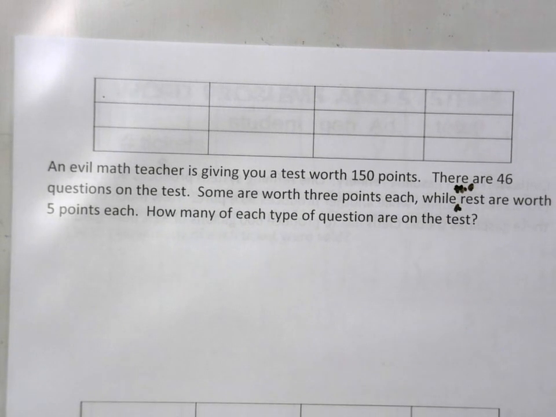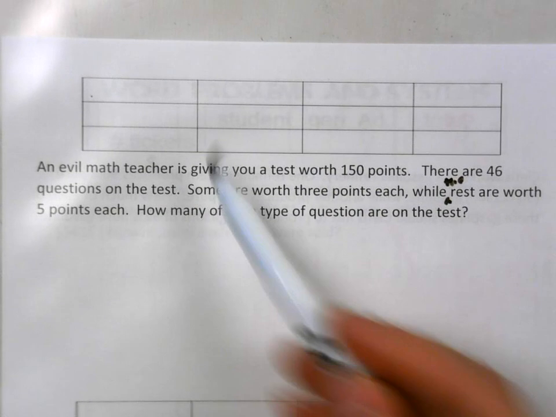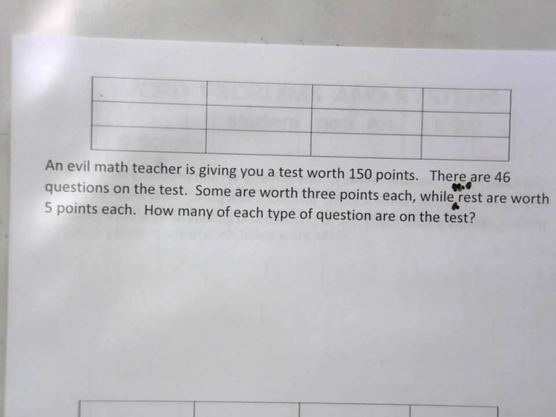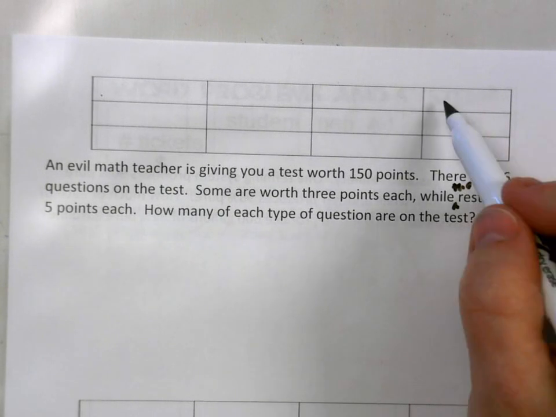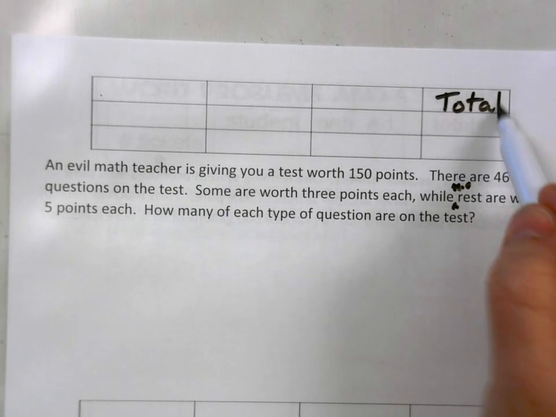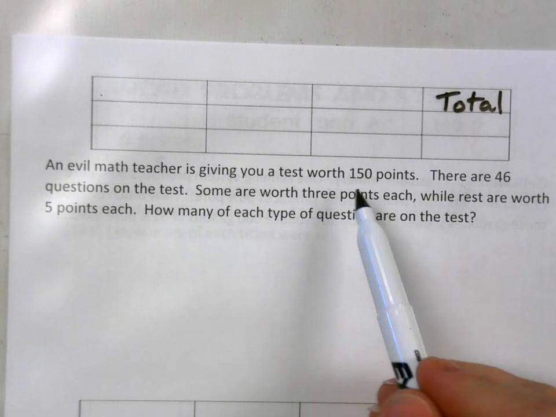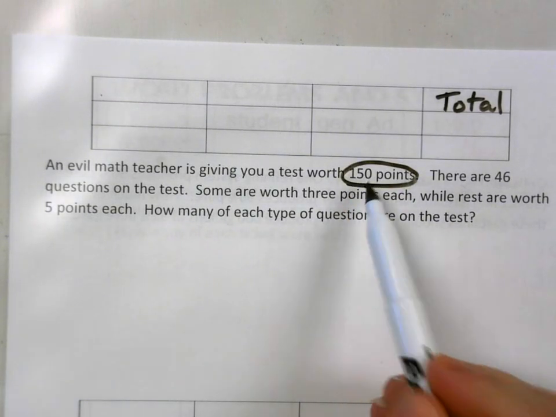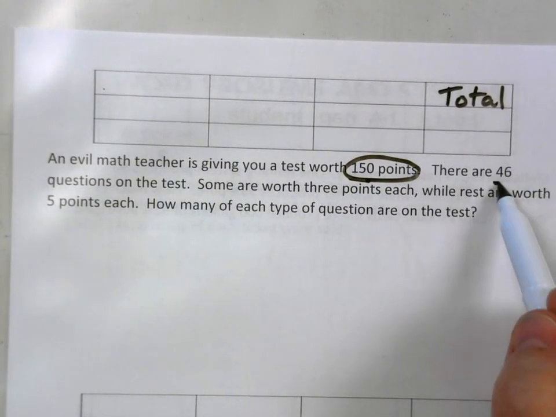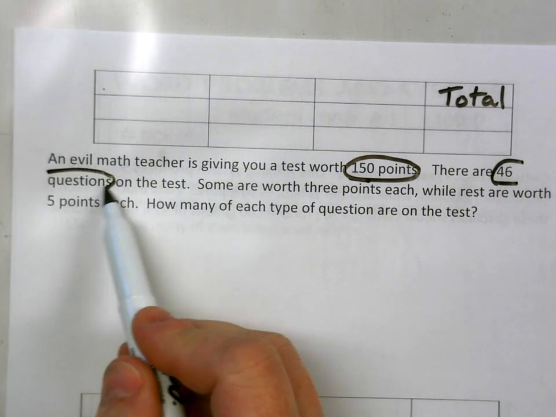Okay, so what can we go ahead and label in our boxes here? Total. Where's it going to go? Top right corner. So what totals do we have in our problem? 150 and 46.